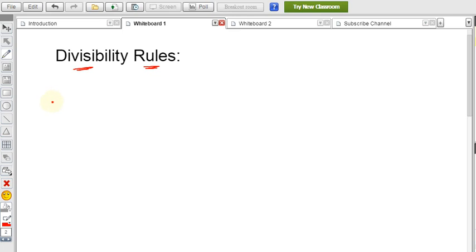Divisibility rules in shortcut, I'll explain: 2, 3, 4, 5, 6, 7, 8, 9. For single digit numbers we'll see the divisibility rules.